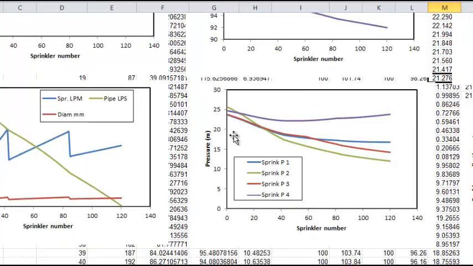And then these are the pressures in the sprinklers, and you can see that the pressure goes down most for the uphill arc, arc number 2, and the pressure actually increases at the end of arc number 1, and then the pressure is more even for the middle 2 arcs.